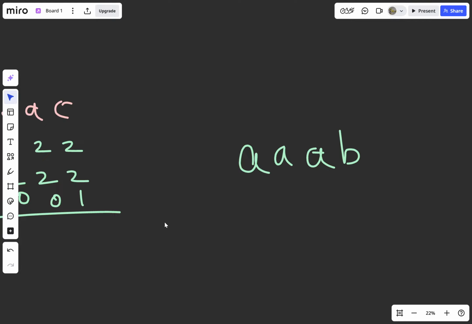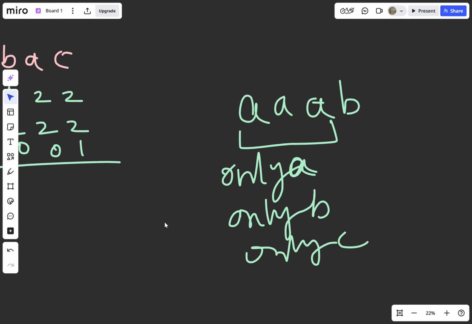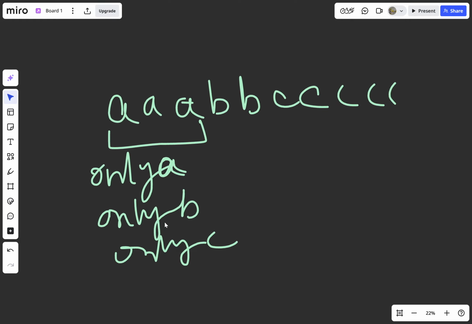We will traverse the whole array and consider only A, or only B, or only C. Initially we just have to find out how many continuous A's are present, how many continuous B's, and how many continuous C's. This much is present here, so firstly this will be the longest substring.